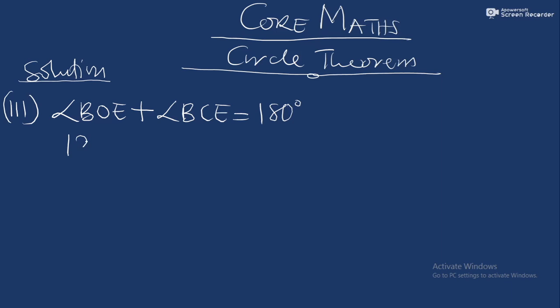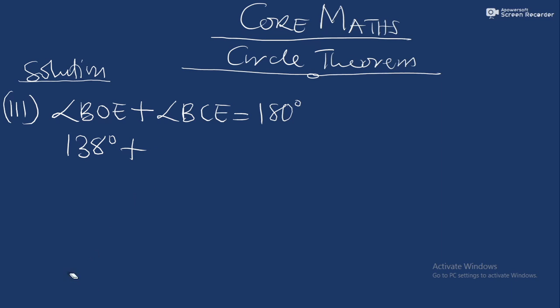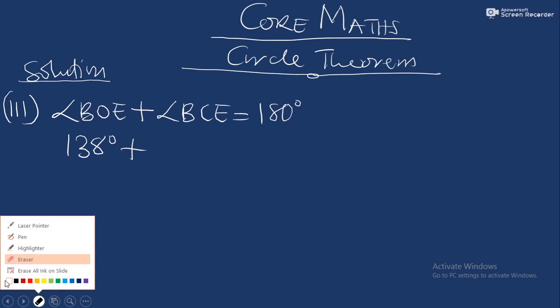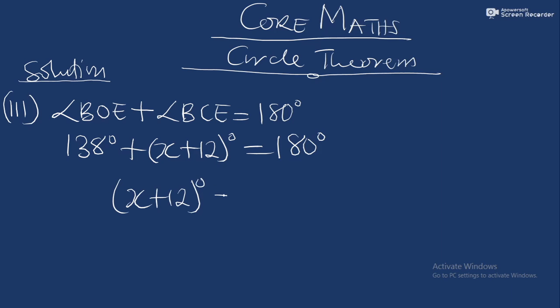So we're given this one to be 138 degrees plus angle, so we are substituting now. It will rather be x plus 12 degrees, and this will be equal to 180 degrees. So now we have x plus 12 degrees equals 180 degrees minus 138 degrees.